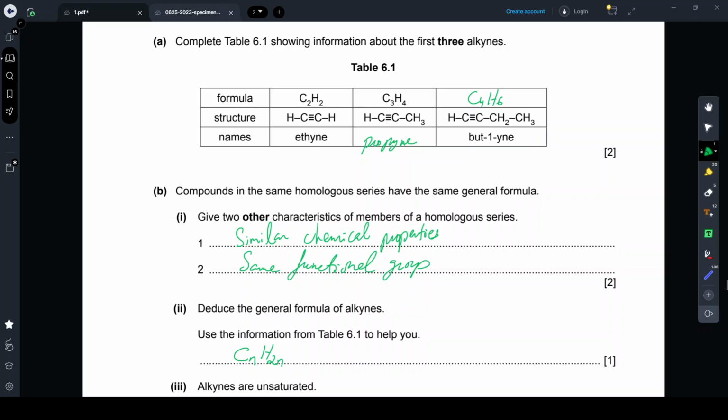CnH2n plus 2 is alkanes, CnH2n is alkenes. This is not 4, this is 2, so it's 2 less than the double. For alkynes, it is specifically a triple bond. You have to write minus 2 there.